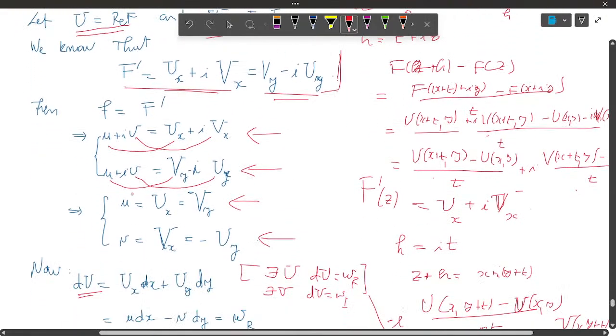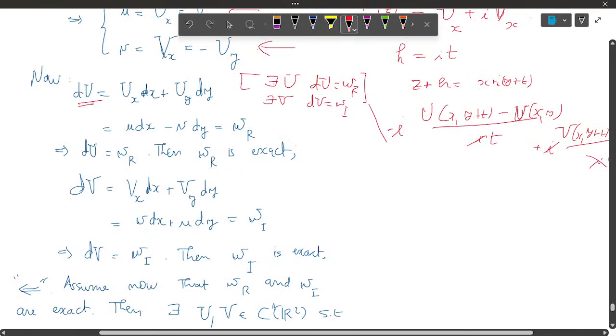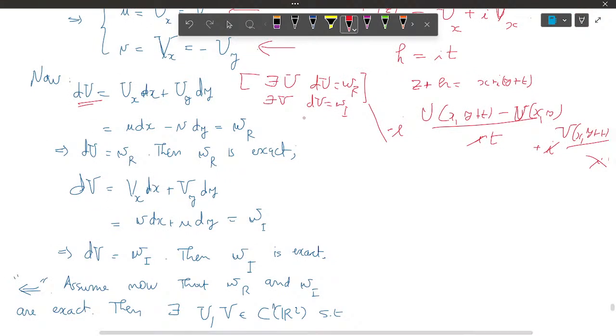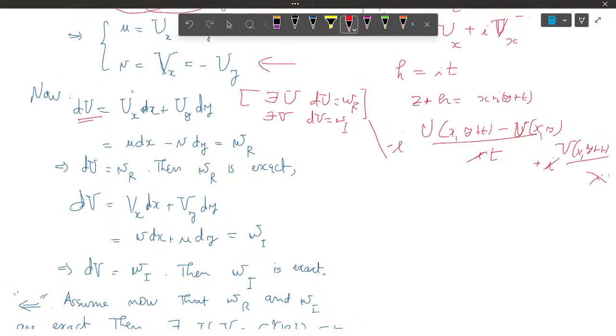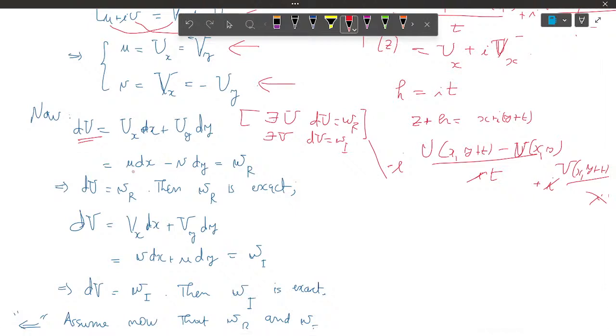We want to see if they are the ones we were looking for. Then we have to compute dU and dV and see if they fulfill these conditions. So let us see. dU is what? dU is U_x dx plus U_y dy. But we've seen from the first equations that U_x is equal to small u.